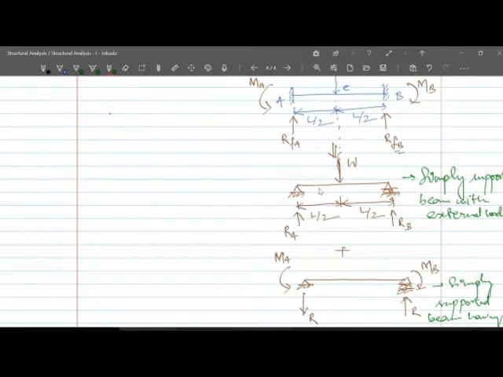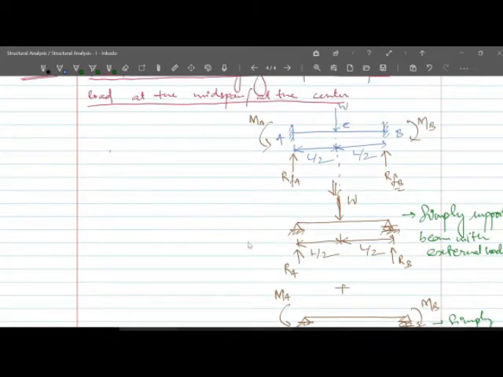Okay, now if this is the case, then what will be the bending moment diagram for this one? The free bending moment diagram. So the free bending moment diagram for this one will be like this. It will be here.